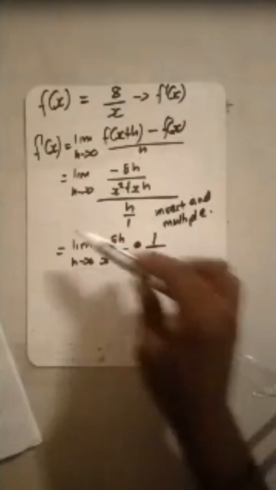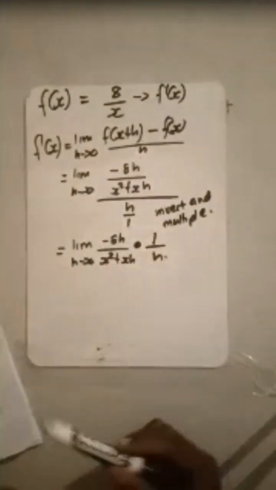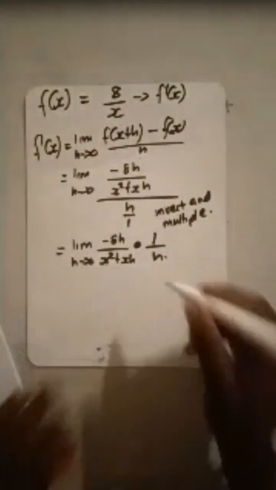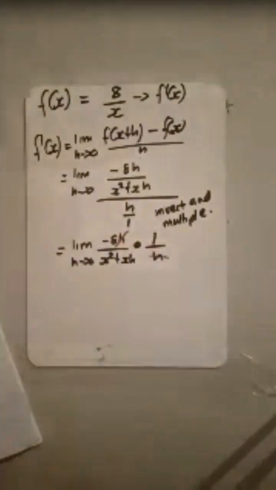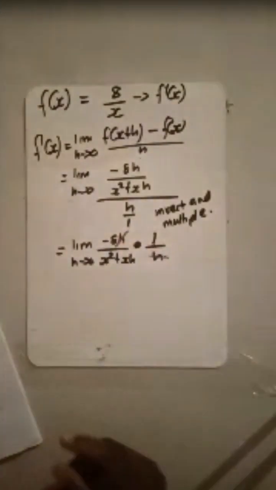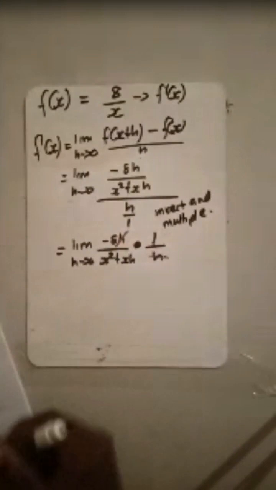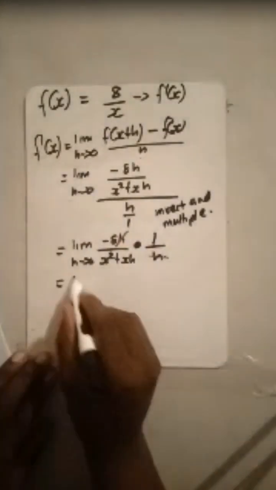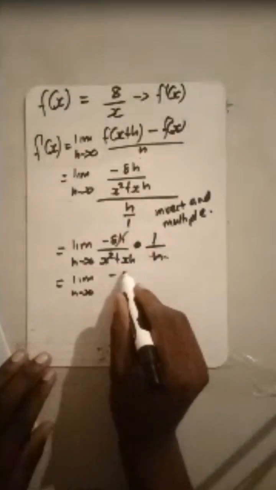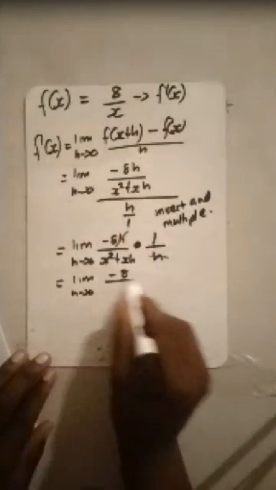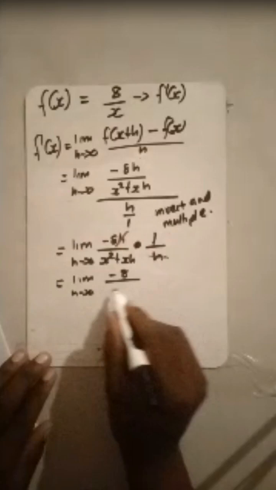So we can see that across there is a common factor. So what is going to happen to this common factor? We do cross division, right? So what are we left with? Now we are left with limit h tends to 0, negative 8 over x squared plus xh.